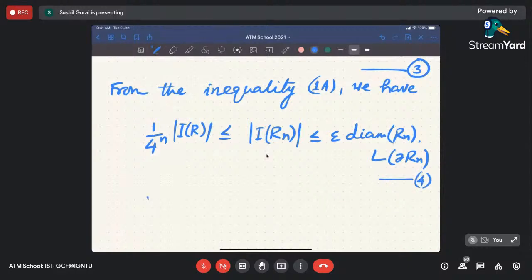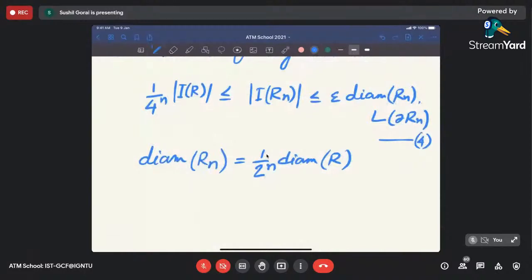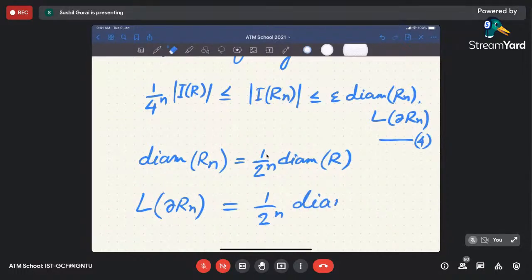Now we have this relation: since we are always dividing by half, the diameter of Rn will be 1 over 2 to the power n times the diameter of R. Similarly, the length L of ∂Rn will be 1 over 2 to the power n times the length, sorry, not diameter in this case, it is length L of ∂R. We are just looking at the perimeter here.